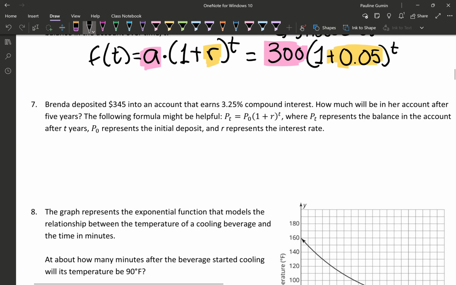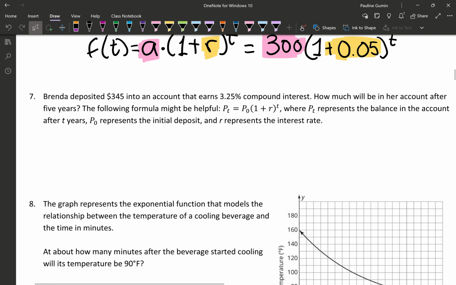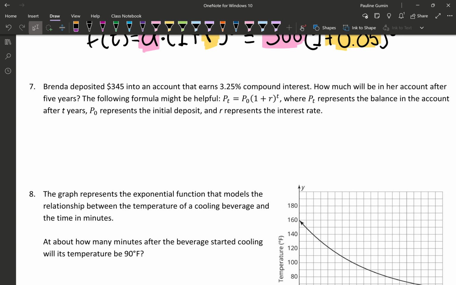Number 7. Brenda deposited $345 into an account that earns 3.25% compound interest. How much will her account be after 5 years? Here's the formula that we're going to be filling in. It starts with P of t. Oh, I'm going to rewrite that. There we go. P of t. P with the 0 is the same thing as A. It's our original price.